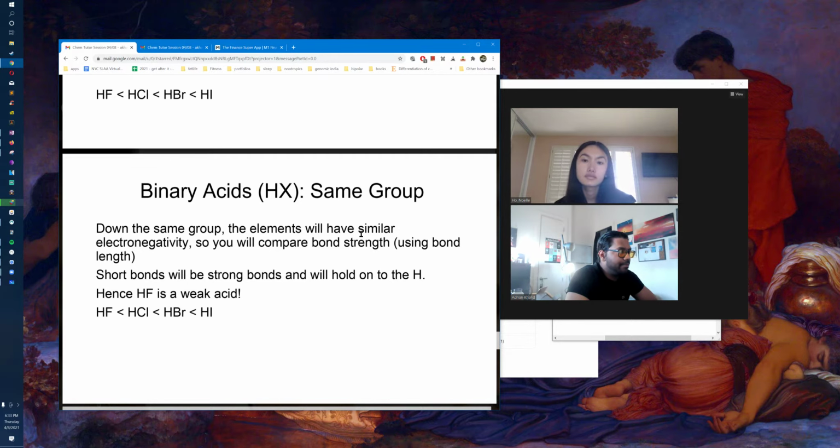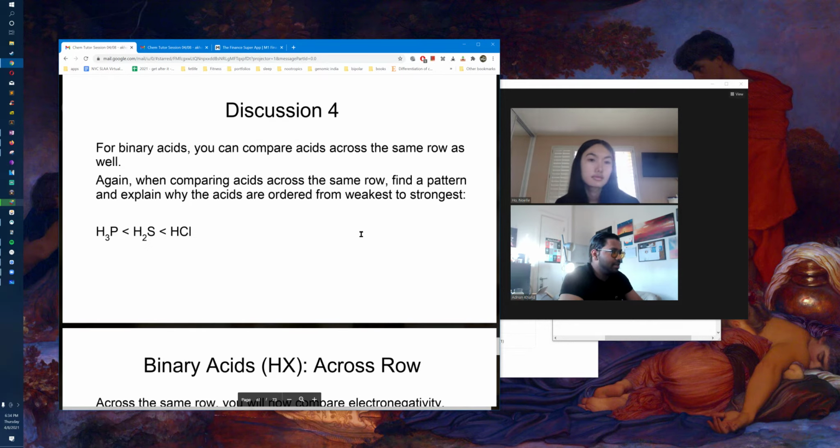So fluorine is smaller than chlorine, which is smaller than bromine, which is smaller than iodine. The bigger the atom, the harder it is to make a strong bond, because the stronger the bond is, the shorter it is. Short bonds will be strong bonds and hold on to the H. So it's a combination of electronegativity and size.